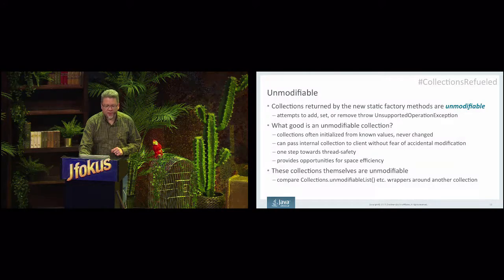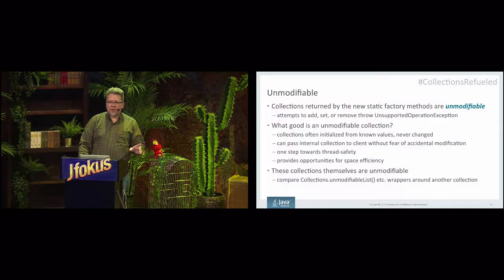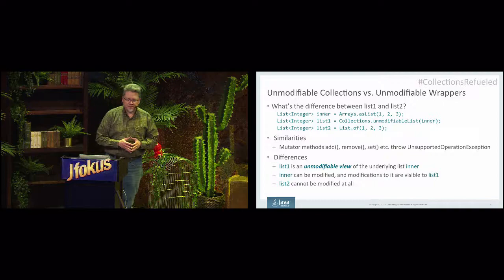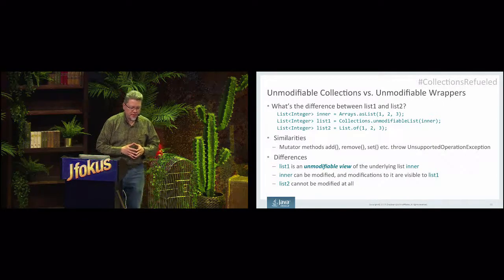And so what I wanted to do also was contrast these with, in the earlier code examples, I talked about the unmodifiable wrappers. So there are an existing set of wrapper APIs, and these new APIs provide unmodifiable collections as opposed to wrappers. I have an example of the differences on this slide here. So let's take a simple case where I have a list of 1, 2, and 3.